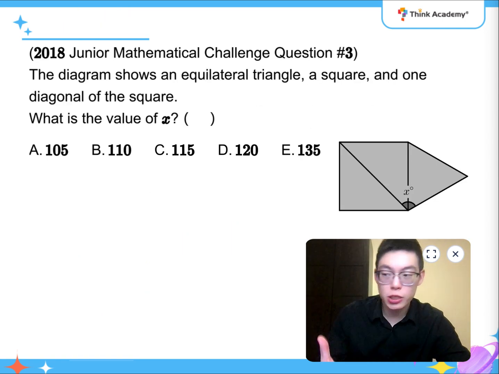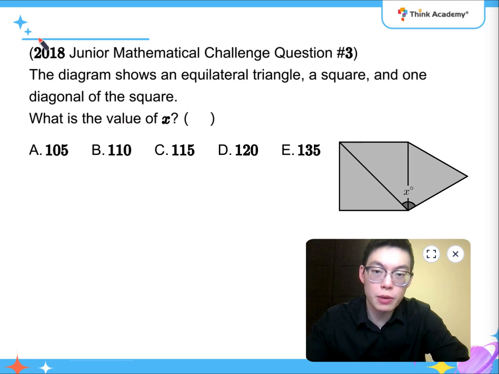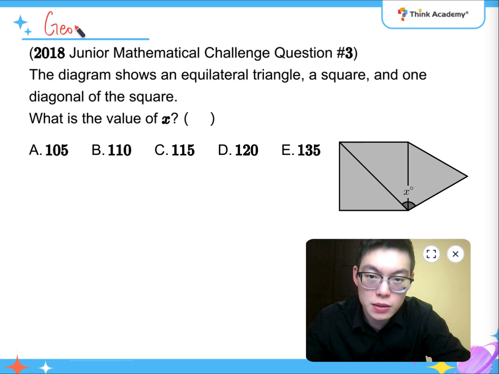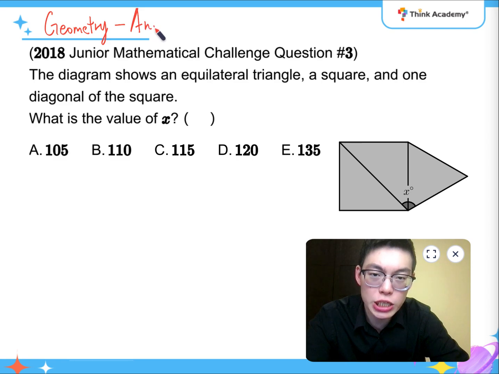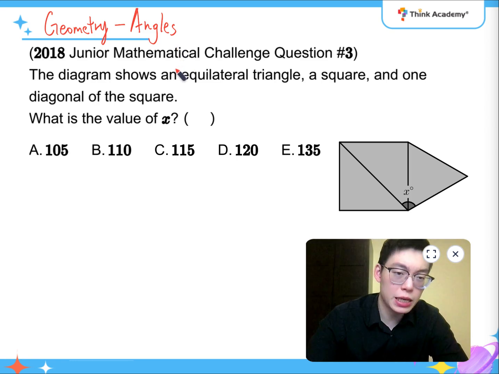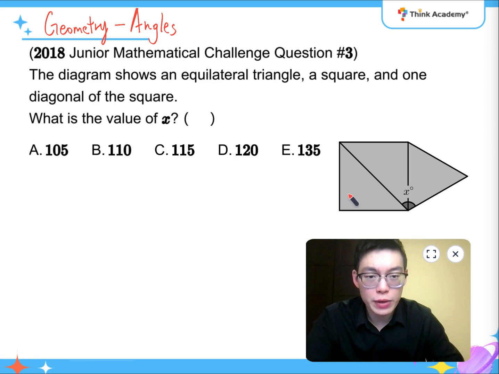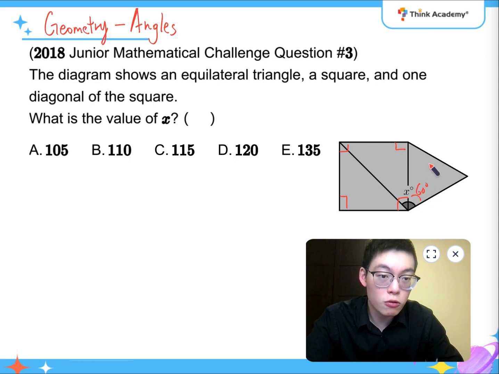As for the third question, this is a geometry problem on angles. To be more specific, it's about the angles of regular shapes. Or you can also say that it's about interior angles, but I would just prefer to put it like angles, all right? So we know that for a square, all the angles are 90 degrees. And for an equilateral triangle, all the angles are 60 degrees, right?